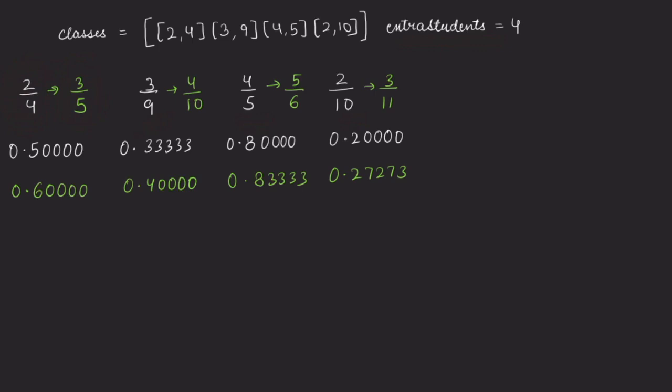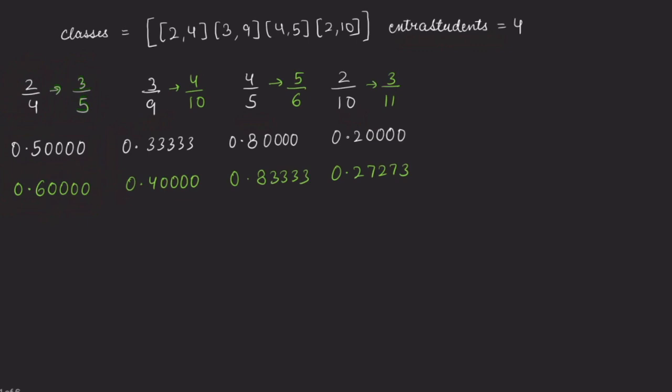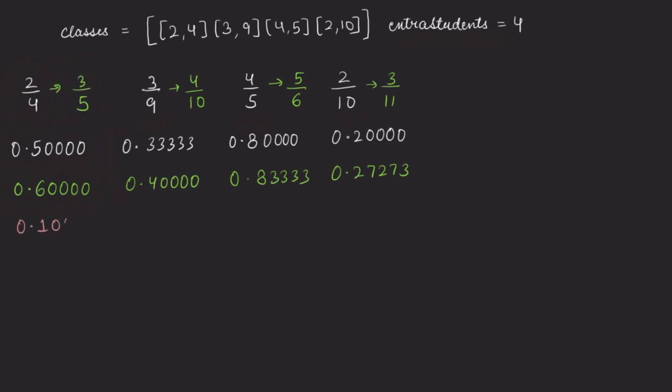Now, if I try to find the difference, or basically the delta, of these pass ratios, meaning the change that we have got after adding one extra student to that class, this minus this will be 0.10000, right? Then we will subtract these, so it will be 0.06667, right? Then what will be the delta here?